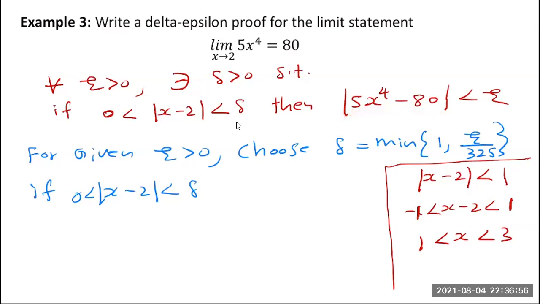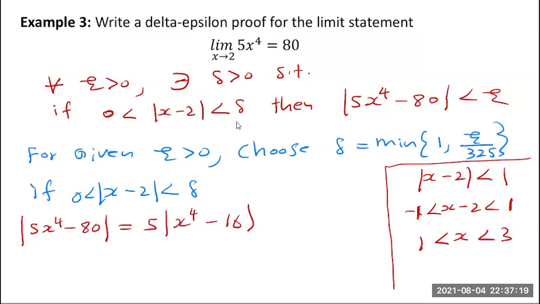Let me simplify that statement. The expression: the absolute value of 5x to the power 4 minus 80. This is equal to, if you pull out a 5, 5 times x to the power 4 minus 16.